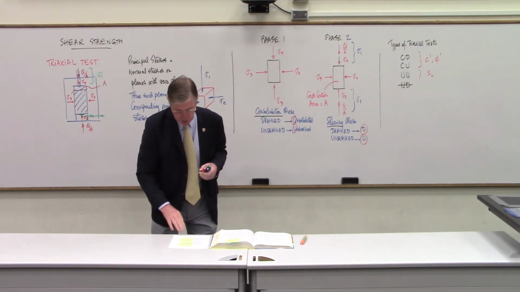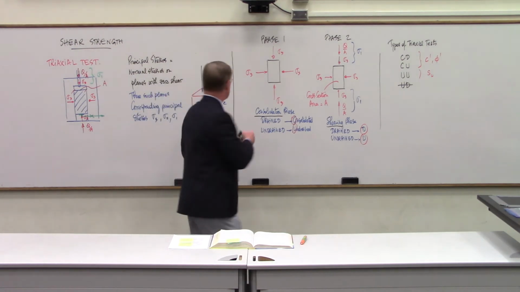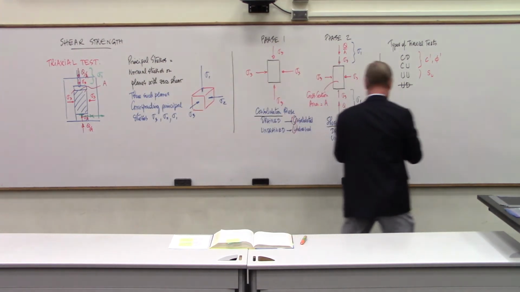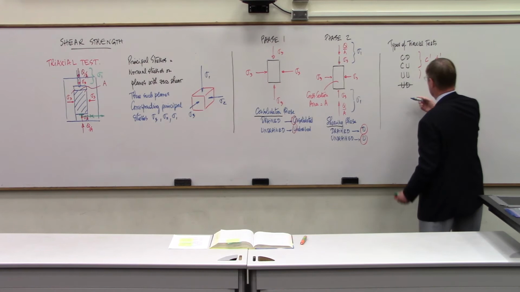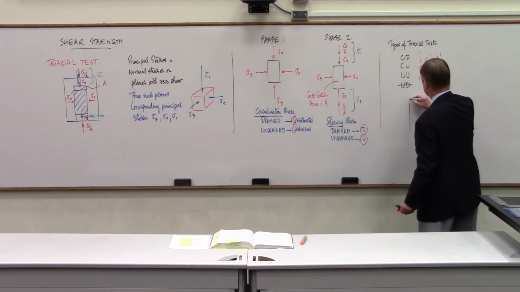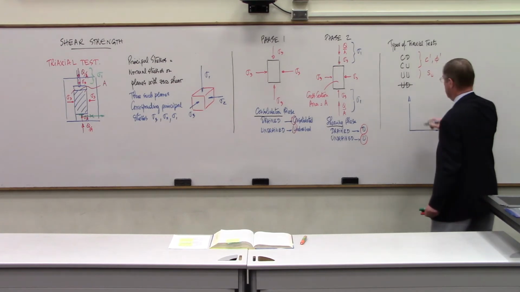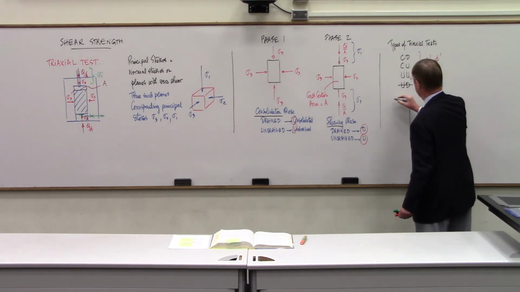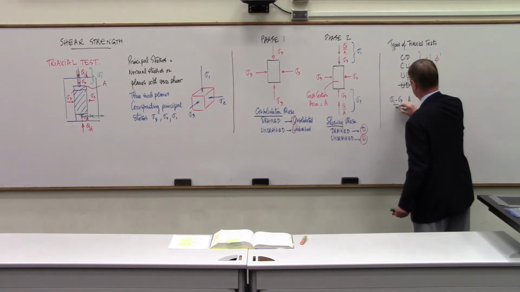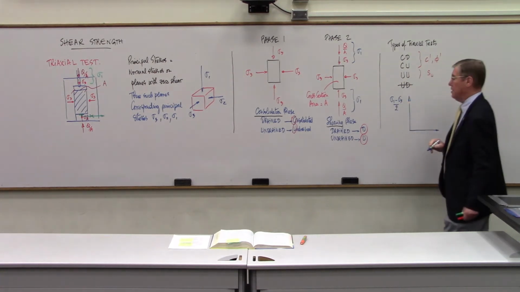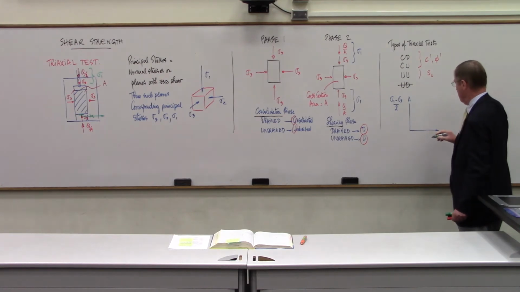So these are the types of analyses that we do, and as a result of this test, we get something that looks like this, where we plot a stress-strain curve. And this stress-strain curve will typically here we'll put sigma 1 minus sigma 3 divided by 2. And we'll see why when we start talking about the Mohr circle.